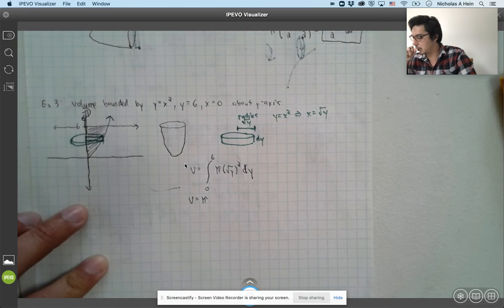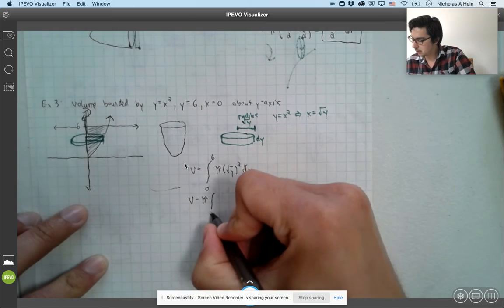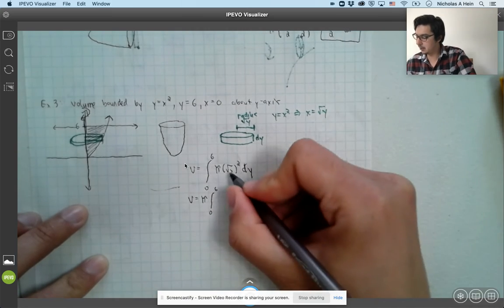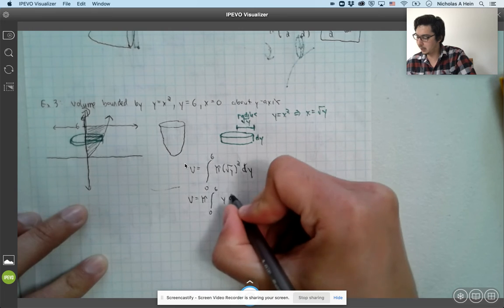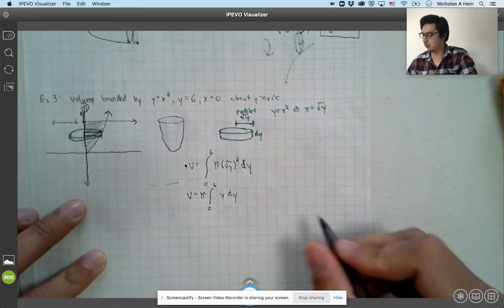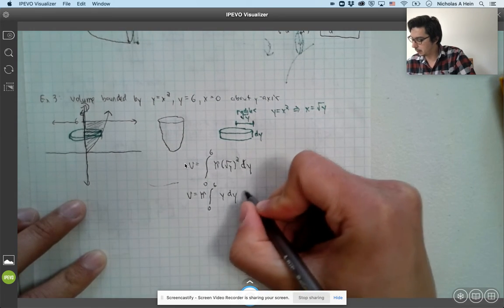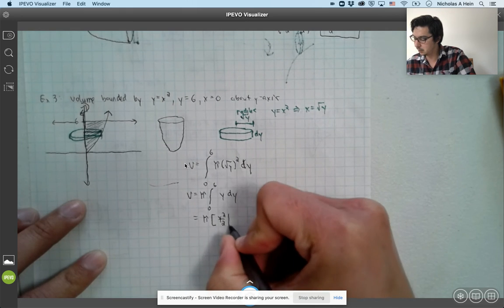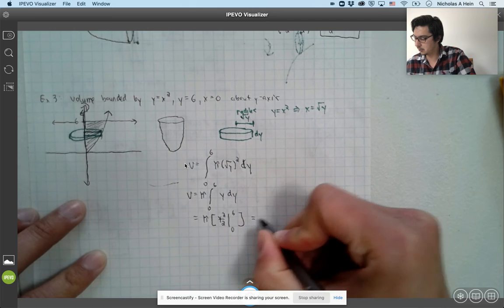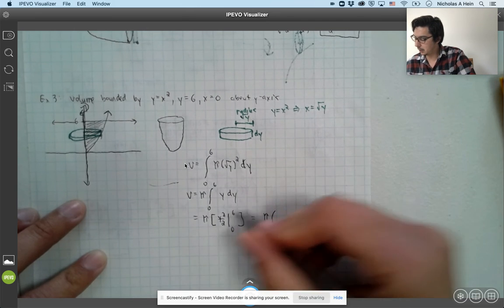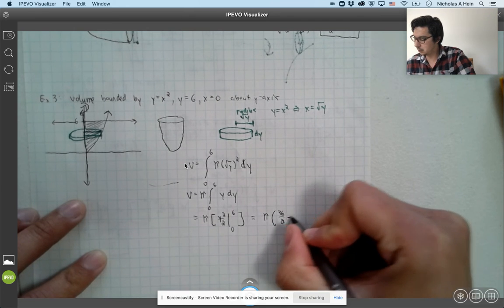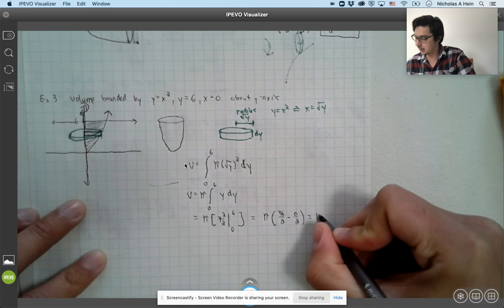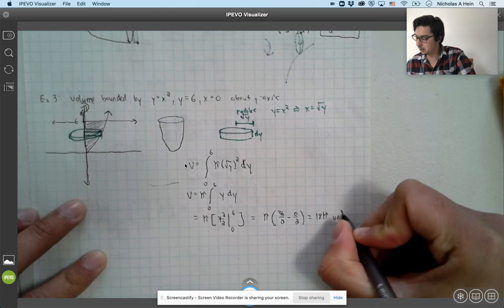So it'll be pi, root y squared will just be y, dy, and we'll just calculate this out. We end up getting pi, the antiderivative there would be y squared over 2 from 0 to 6, which would give us pi. Plugging that in, you'd get 36 over 2 minus 0 over 2, which simplifies to 18 pi units cubed.